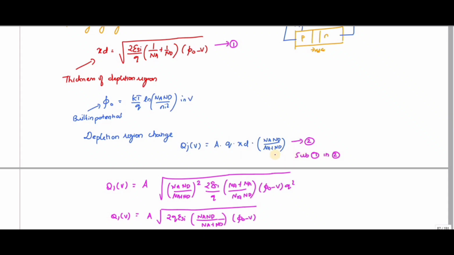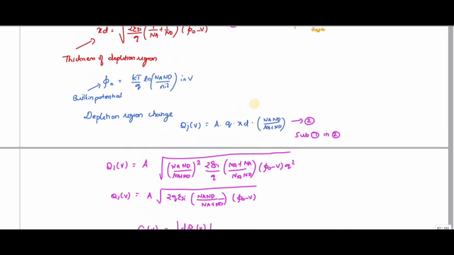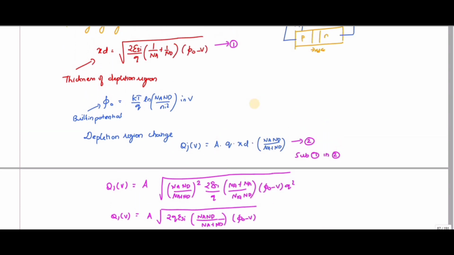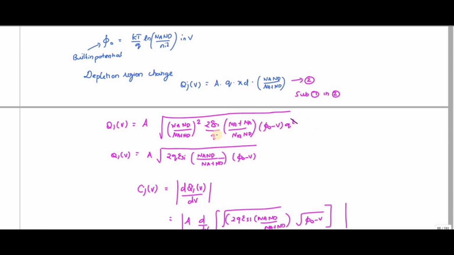So if you substitute, you will get this equation. Instead of xd, you substitute this value. And if you bring the q inside this square root, it becomes q squared. So this q and q will cancel out.